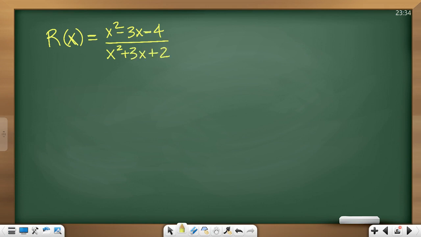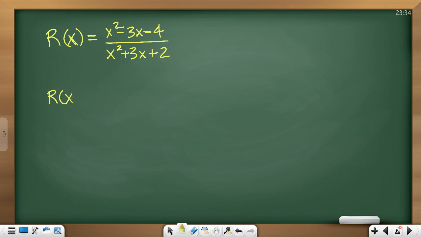So let's say I want to find intercepts. There are 2 ways to find the intercepts. I'm going to go ahead and give you factored form as well.